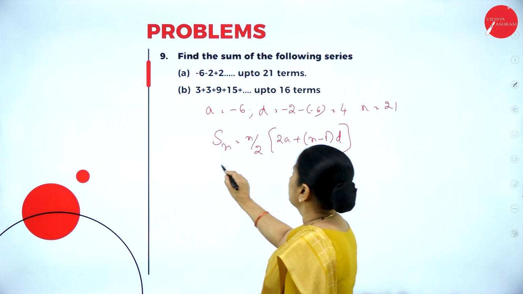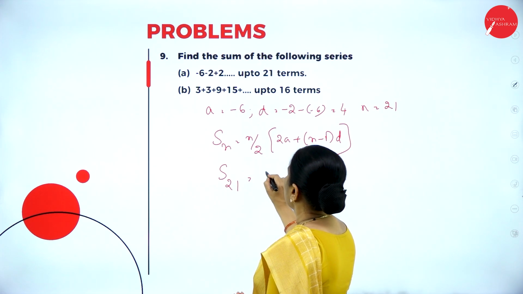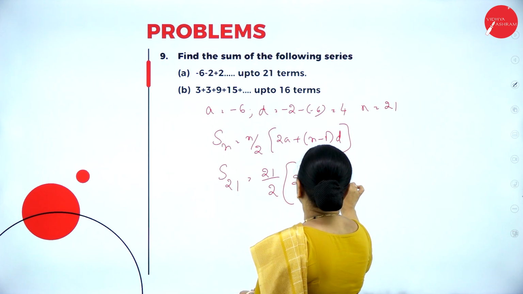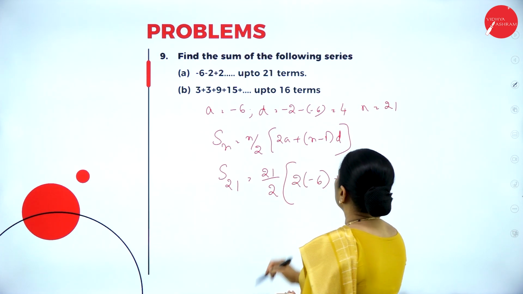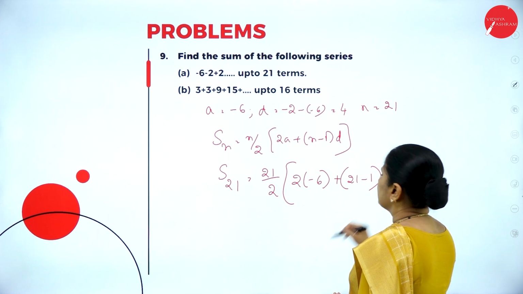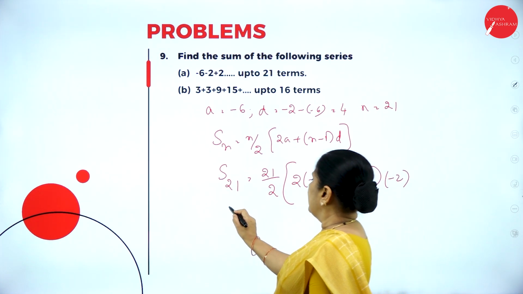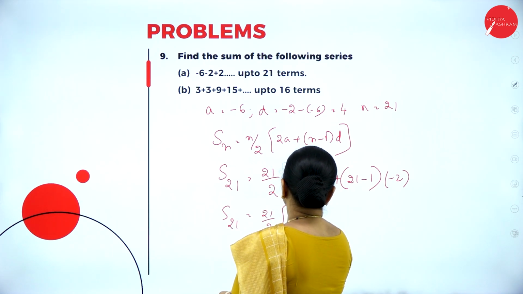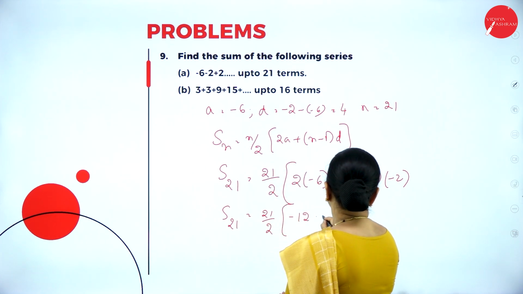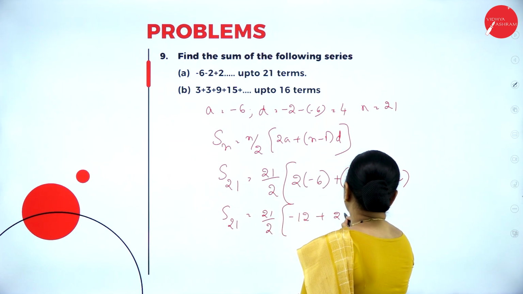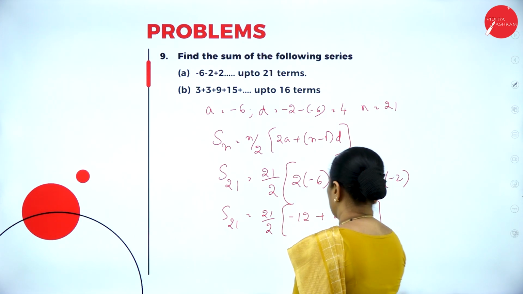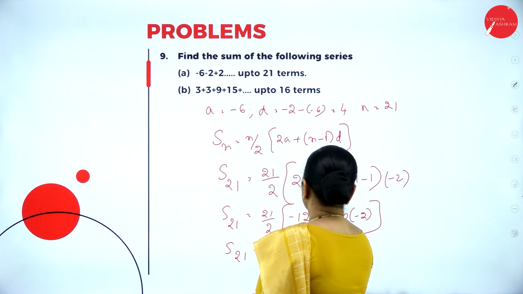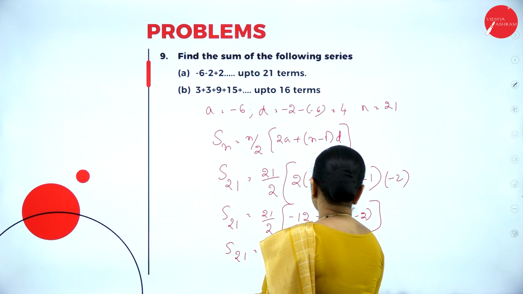So S21 equals 21 by 2 into 2 into minus 6 plus 21 minus 1 into d, which is 4. S21 equals 21 by 2 into minus 12 plus 20 into 4.